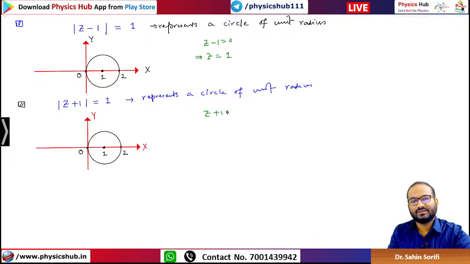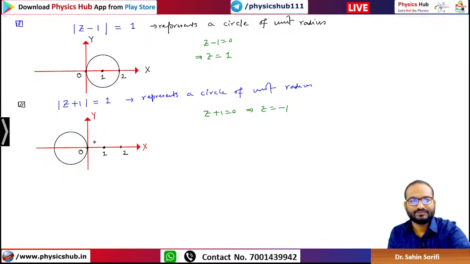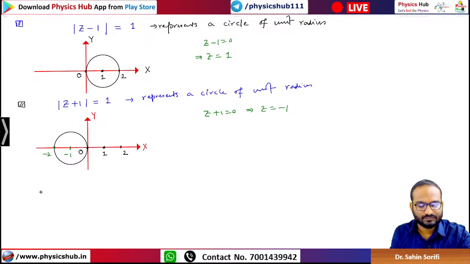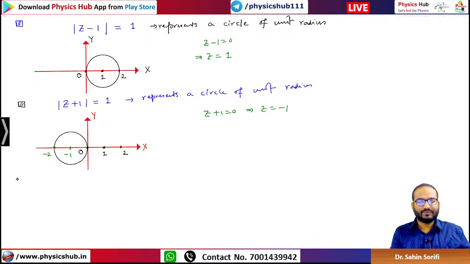So z plus 1 equals to 0, then z will be minus 1. So if the center is lying at z equals to minus 1, this will be the equation. Is it clear, guys?